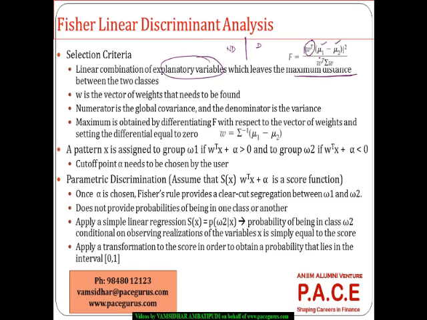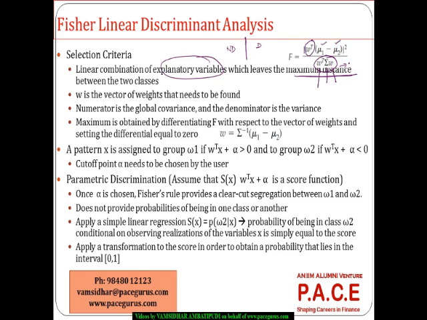So I am taking appropriate weights, transposing that, doing a multiplication square, and dividing it by W transpose sigma W, where W transpose is the transpose, sigma is the covariance and W is the original vector.